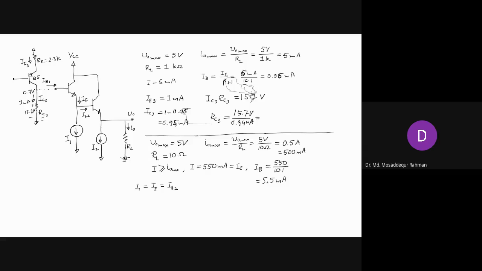And IB2 will be your I2 divided by beta plus 1, right? Which in our case, this is 5.5 milliampere.